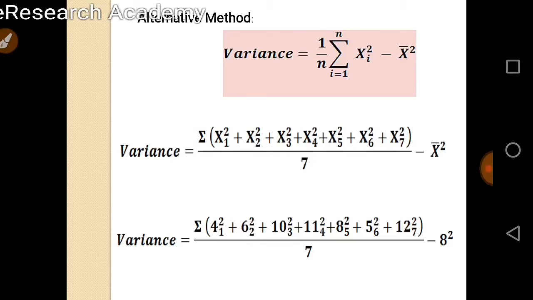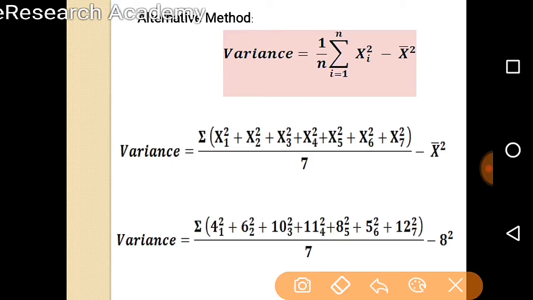For this we first have to calculate variance. The formula of variance is 1 by n summation of i equal to 1 to n of all x's square minus mean square.